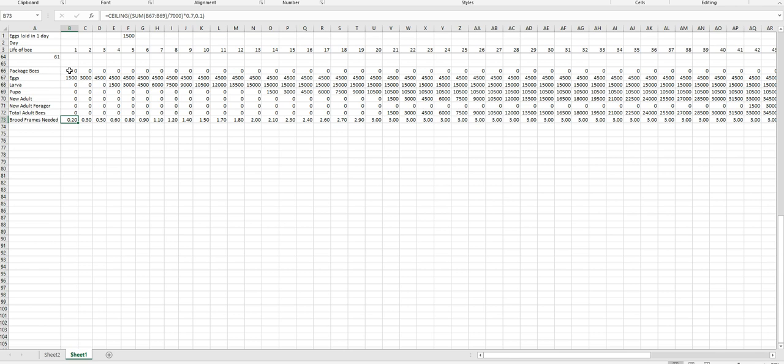Well, you get 10,000 bees in your package, so let's put 10,000 here. Okay, so now on your first day, you have 10,000 bees, 1,500 larvae. You still have 10,000 adult bees down here, total adult bees. On day 2, whoa, wait, you went down to 9,762. Why is that?